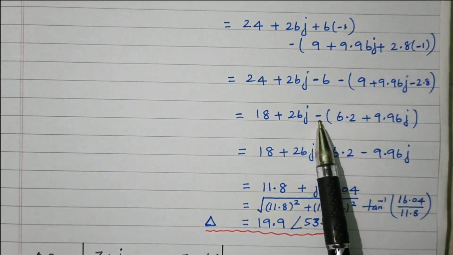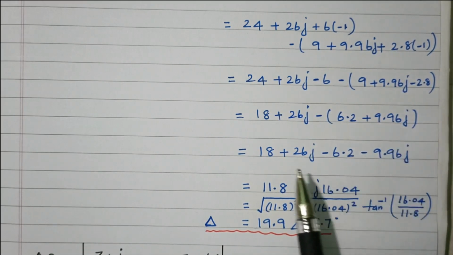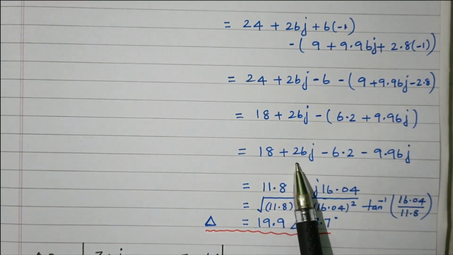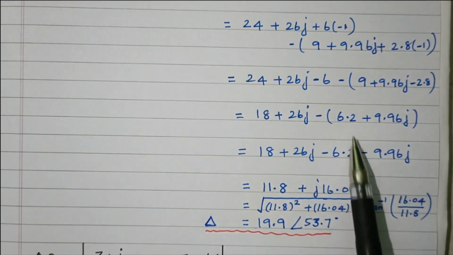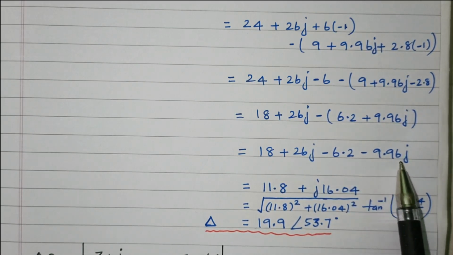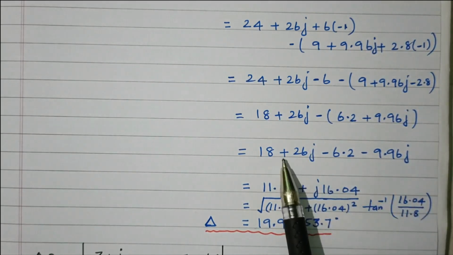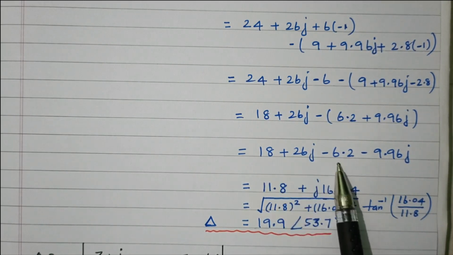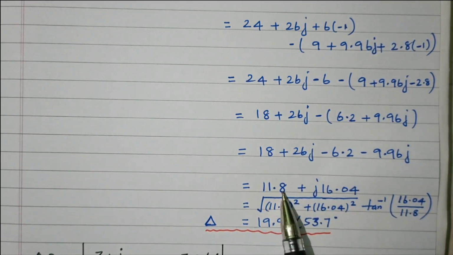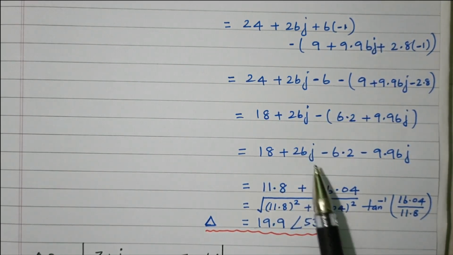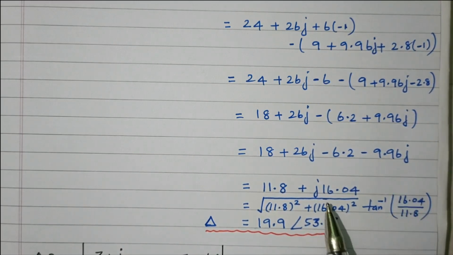Now we'll multiply this negative inside. So 18 plus 26j minus 6.2 minus 9.96j. Now we can add this. 18 minus 6.2 is 11.8. 26j minus 9.96j is j16.04. So this is called the rectangular form.